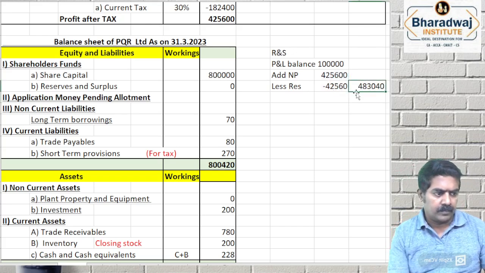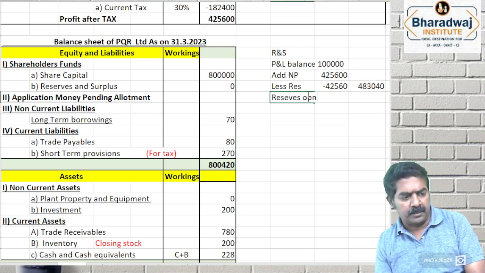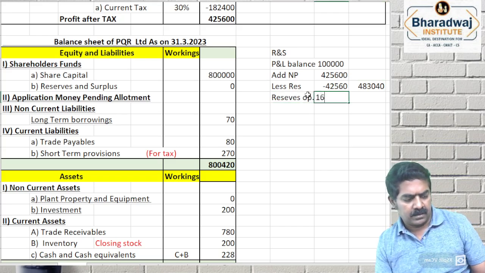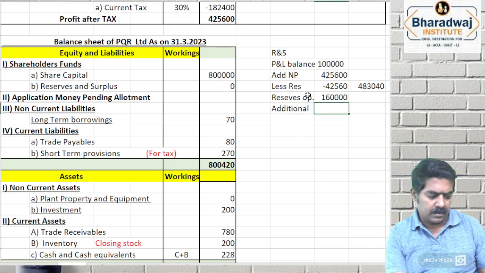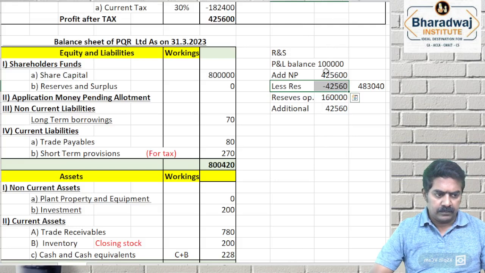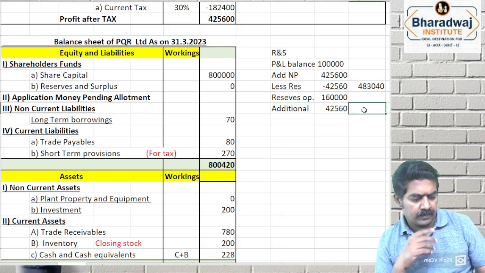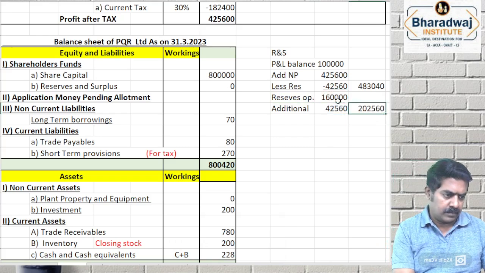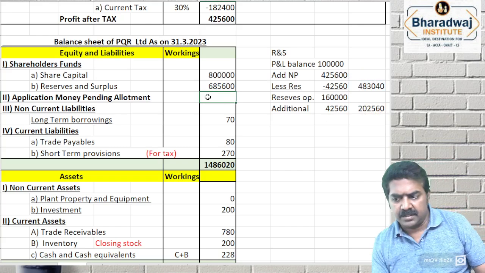So, but the opening reserve, then general reserve, reserves opening balance எவ்வளவு இருக்கு? 60. Add addition. 685,600.